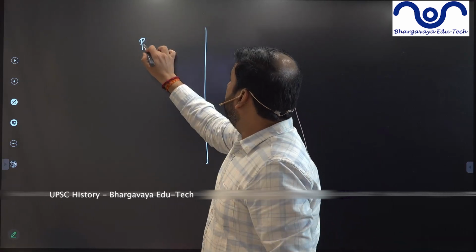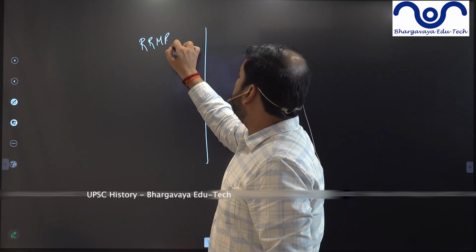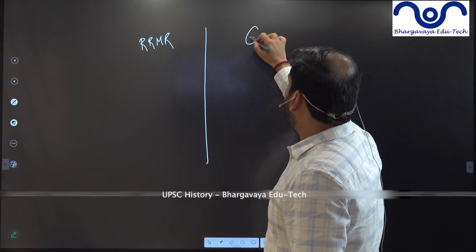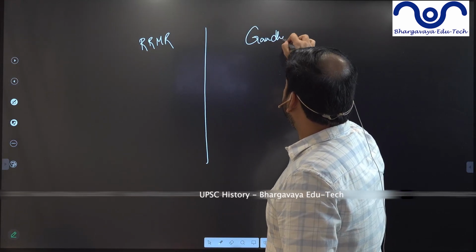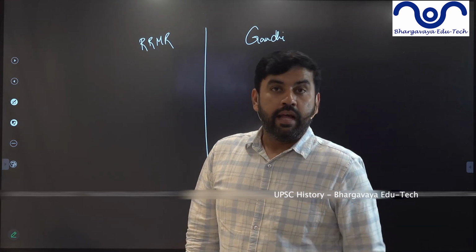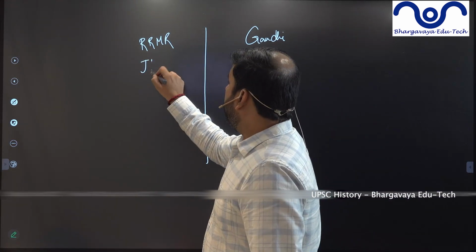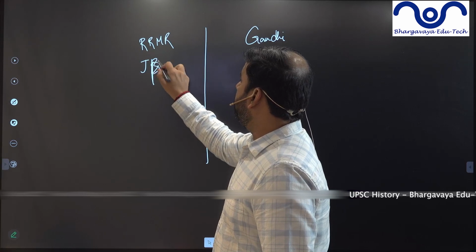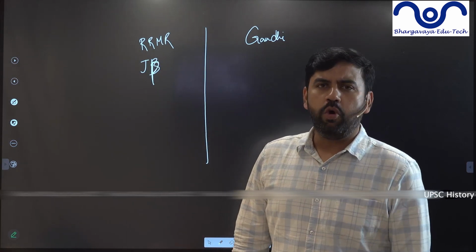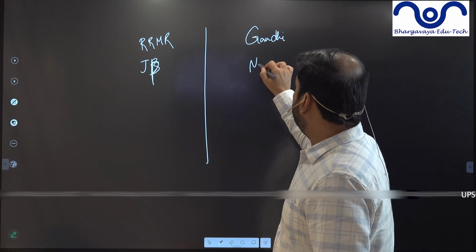Over here, Raja Ram Mohan Roy. Did he participate in India's freedom struggle? No. Gandhi? Yes, he participated. Then, Jyotiba Phule. Did he participate? No. But Nehru? Yes.